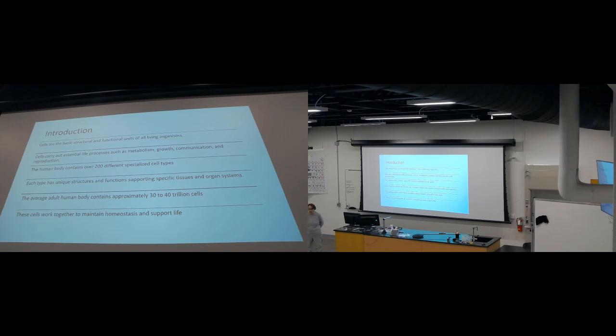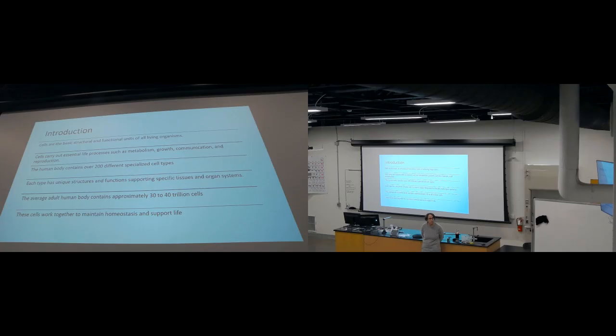And then the cells carry essential functions, which includes metabolism, growth, communication, and reproduction. We have a little bit over 200 different cells, and they have different shapes, they have different functions, and they tend to form groups where they form organs.